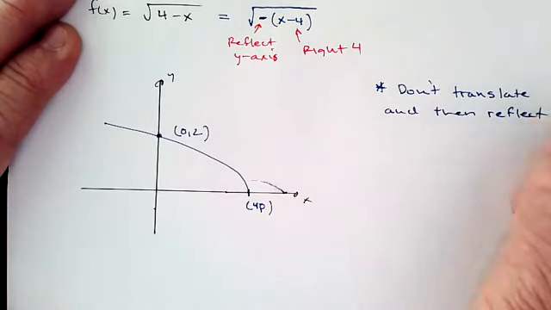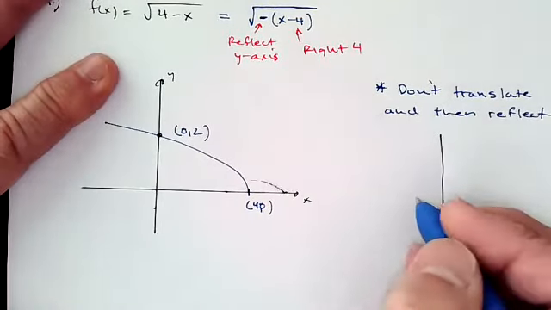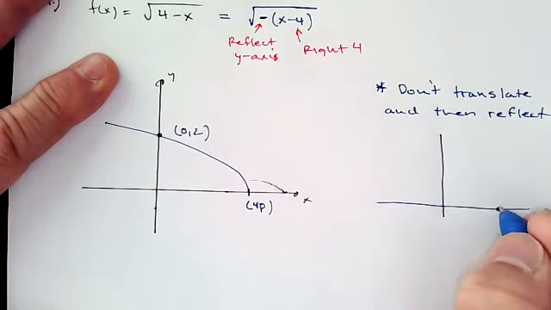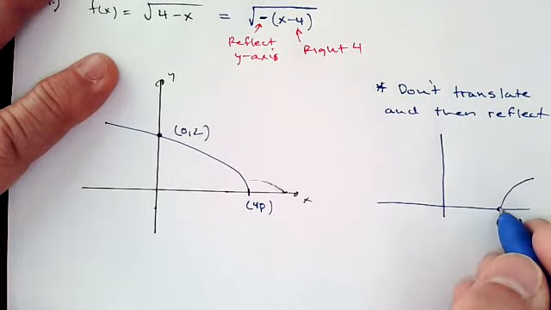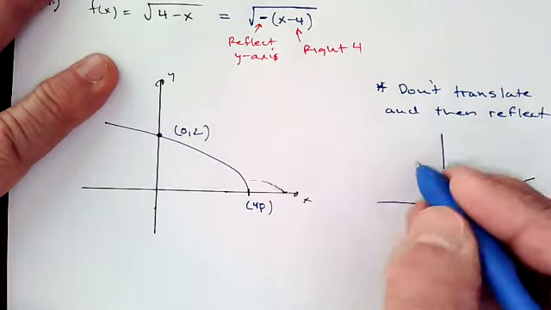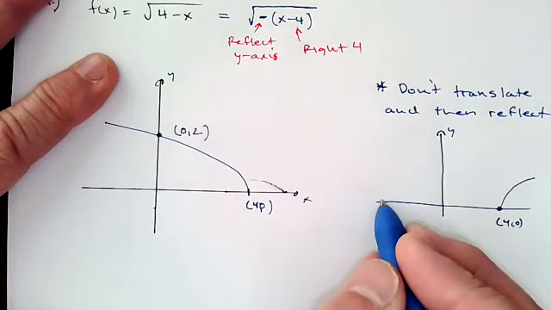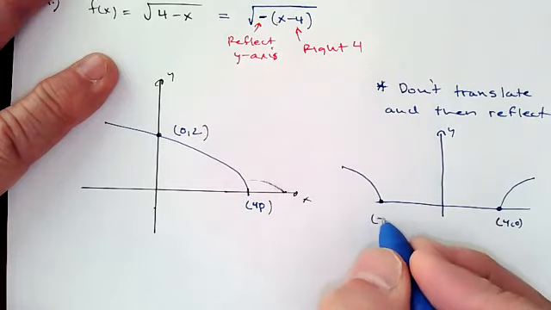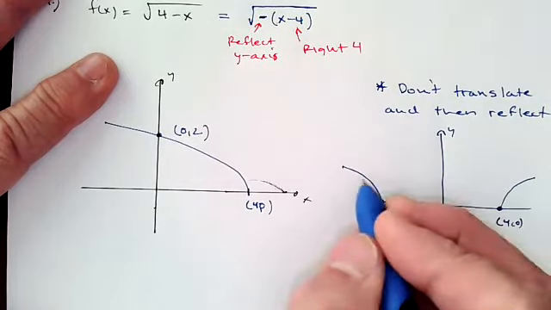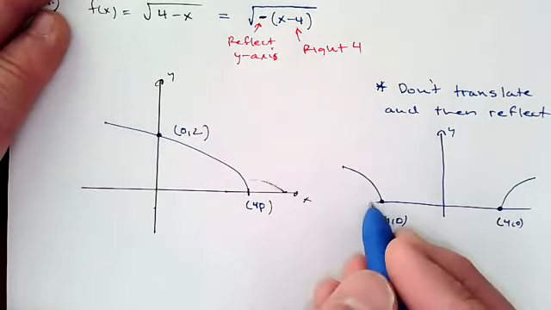Because you could mistakenly say, okay, I know this square root graph has moved over to the right. So you could say 4, 0, here's my square root graph. And if you then say reflect around the y-axis, you might mistakenly think it's going to get reflected and look like this, when clearly that's not right.